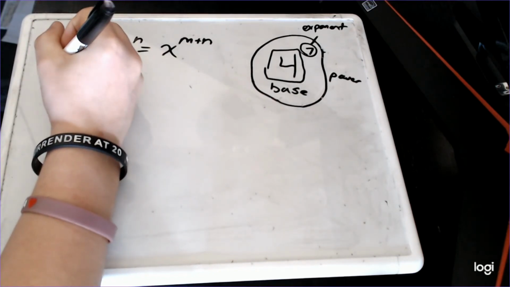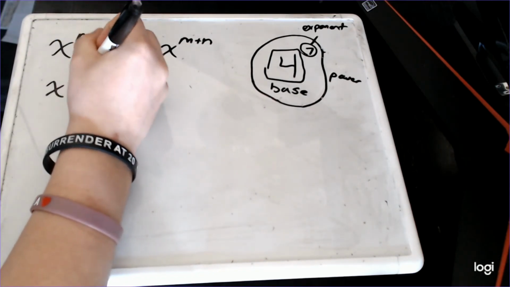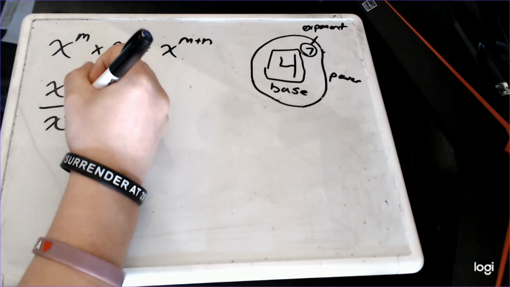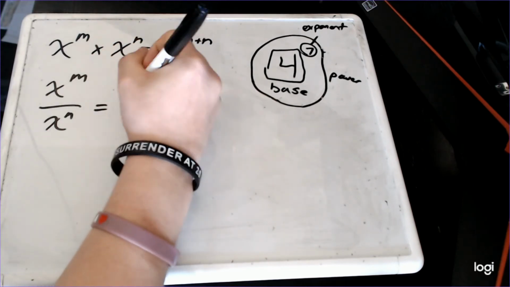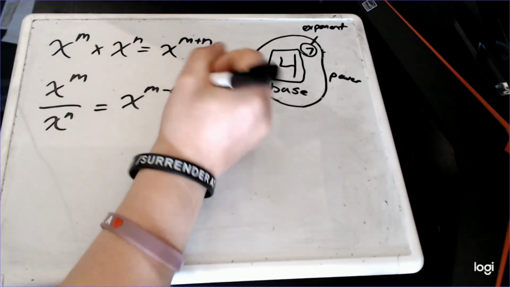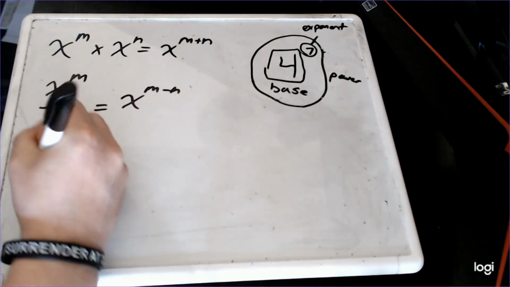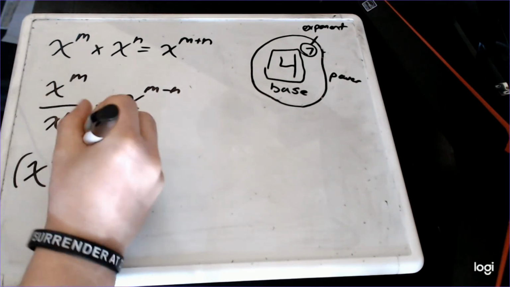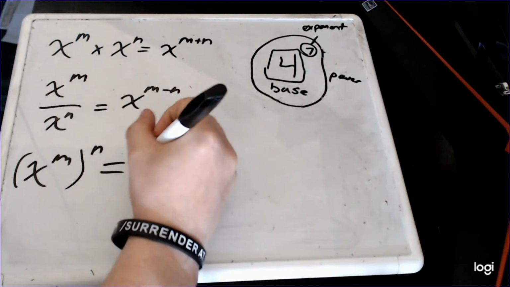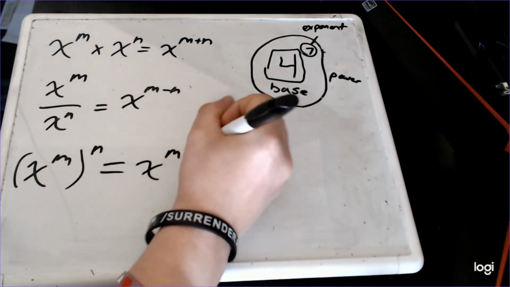We have x to the m over x to the n equals x to the m minus n. And finally, we have x to the m to the n equals x to the m times n.